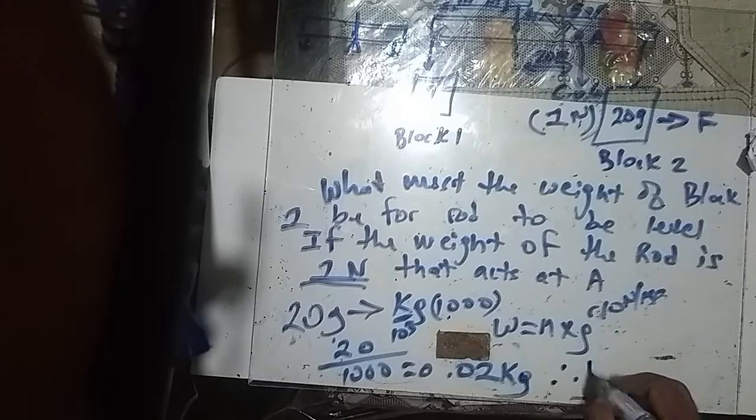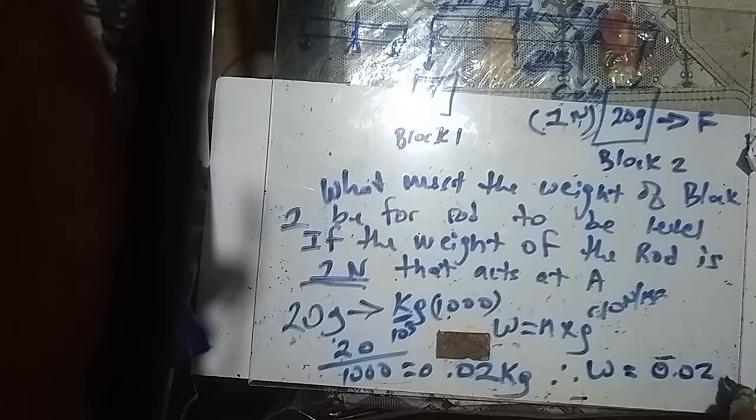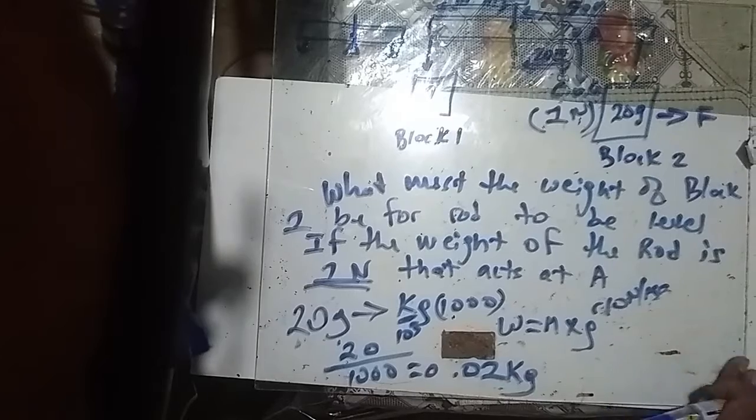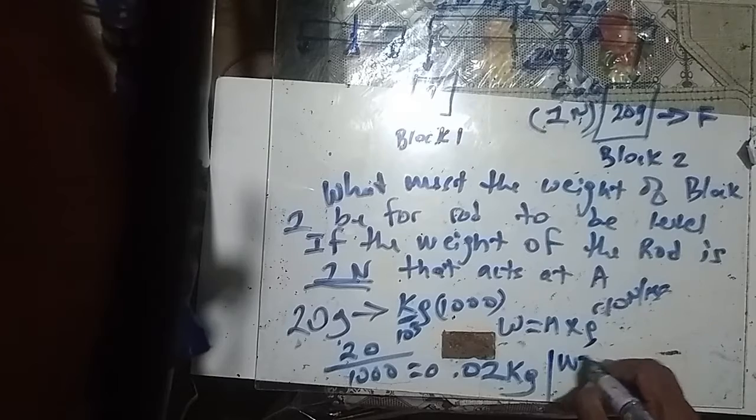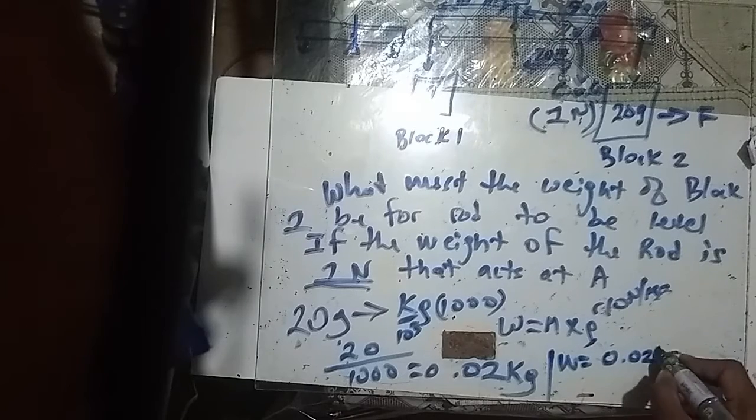So therefore, weight is equal to 0.02 times. Alright, let me do it. I'll show you even how the units come about. Weight is equal to 0.02 kg times 10 Newton per kilogram. Per means that the kilogram is actually being divided, it's underneath. So kilogram cancels kilogram, right?